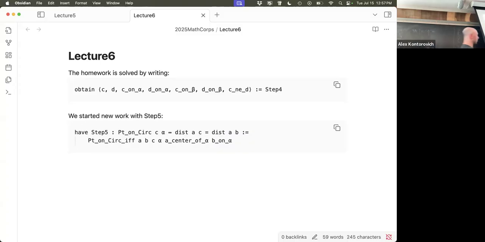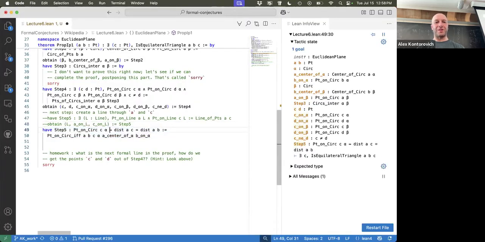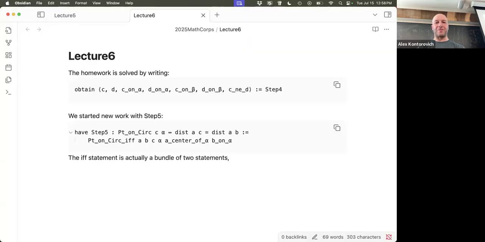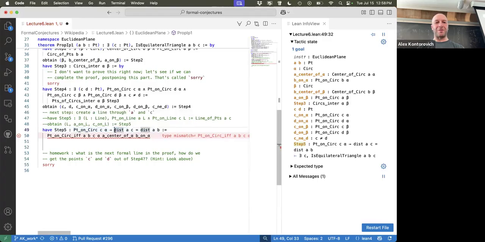Okay, so I'm just recording the fact that step 5 was this if and only if. The if and only if statement is actually a bundle of two statements, a forward direction and a backwards direction. A forwards direction and the backwards direction the other way around.